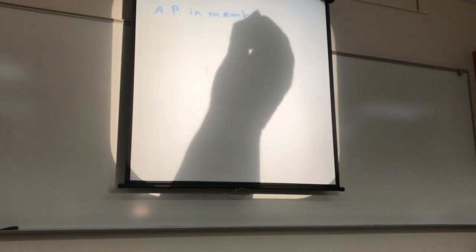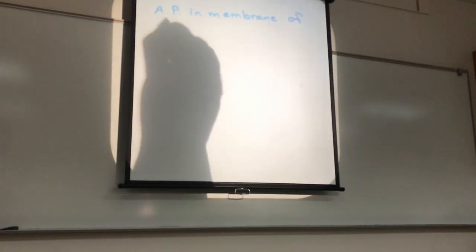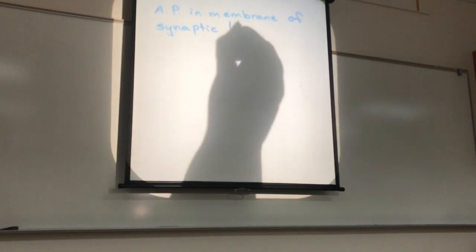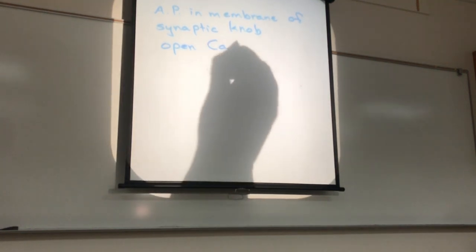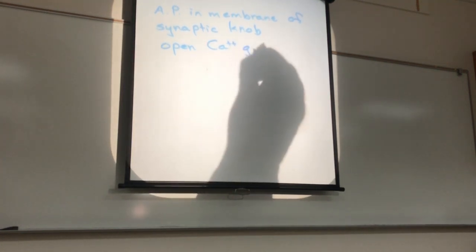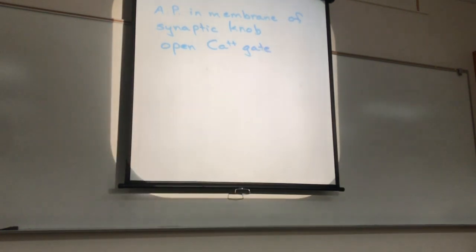As it moves through the membrane of the synaptic knob, so we have the action potential in the membrane of the synaptic knob, that's going to open calcium gates in the neuron's cell membrane.